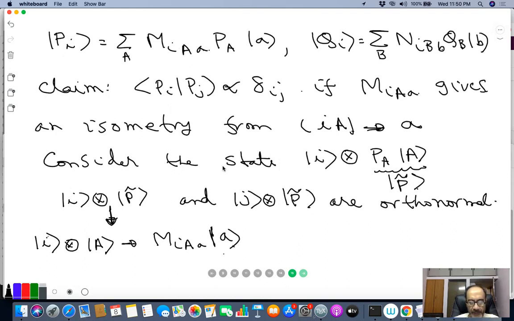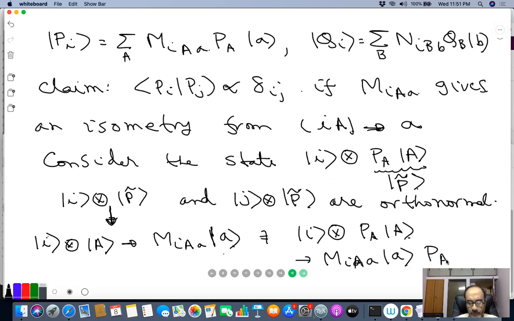So I times this state will get mapped to M I A. That's exactly this state.